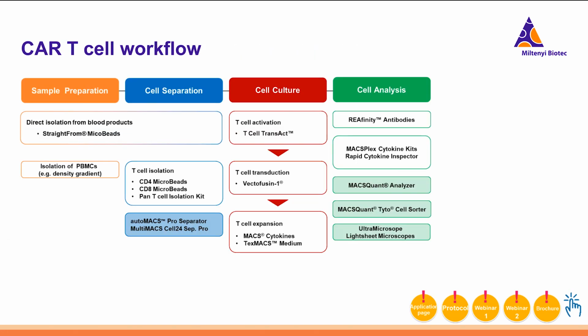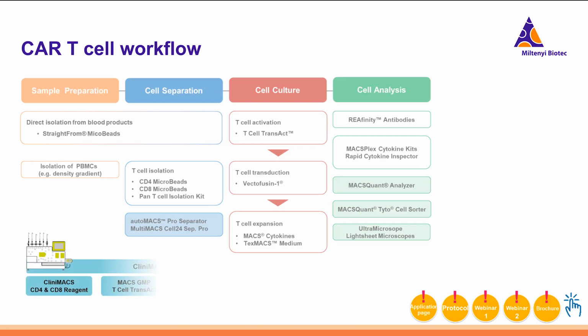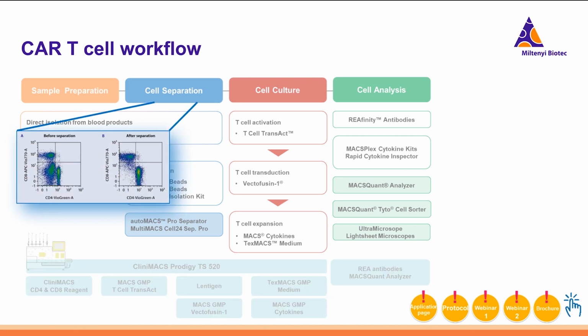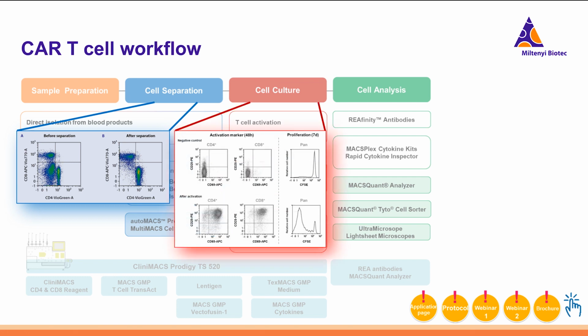Next, let's have a look at the CAR T-cell research workflow, which is of course fully translatable into clinics. In the CAR T-cell research workflow, first, CD4 positive and CD8 positive T cells are isolated using our MACS microbeads. Then, the T cells have to be activated before transduction using TransAct and expanded in TexMACS in the presence of MACS cytokines such as IL-2 or the combination of IL-7 and IL-15.